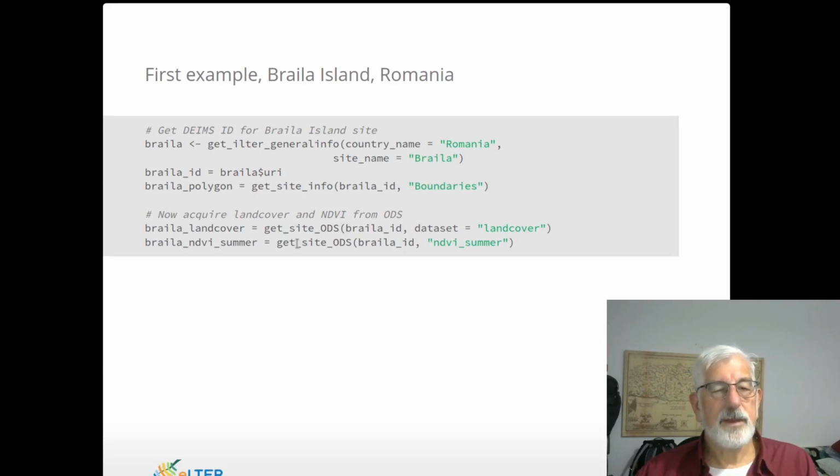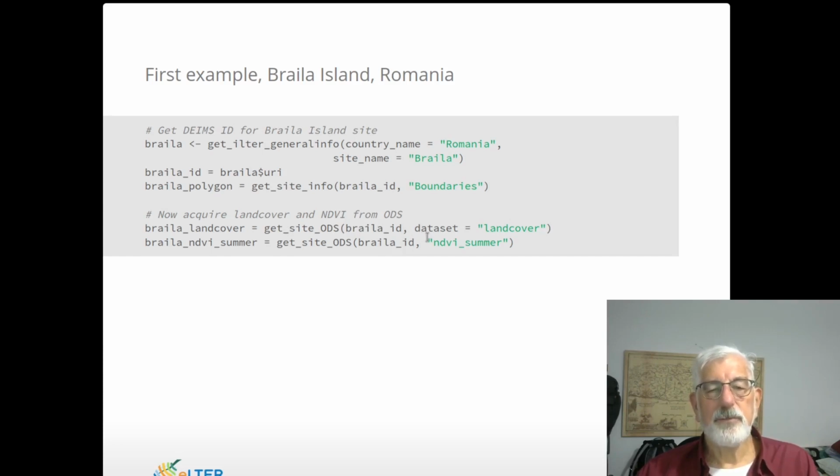Next, we go ahead and use that Braila ID, the same DIMES URL, which is stored in Braila ID, with getSiteODS. This function takes two parameters. First, the DIMES ID, and second, which dataset we want.